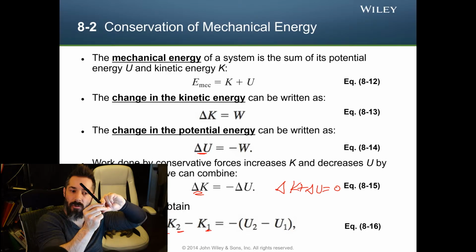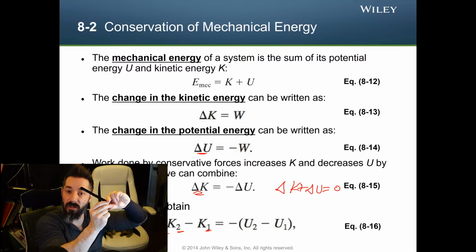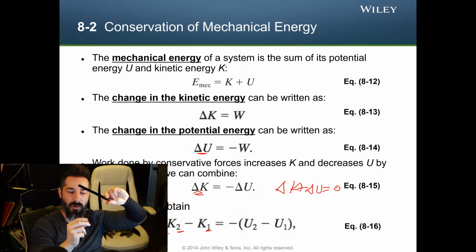So with each degree it changes, it's moving higher and higher. As you probably would guess, it's getting higher, it's going to slow down, right? So you are directly converting the kinetic energy into gravitational potential.